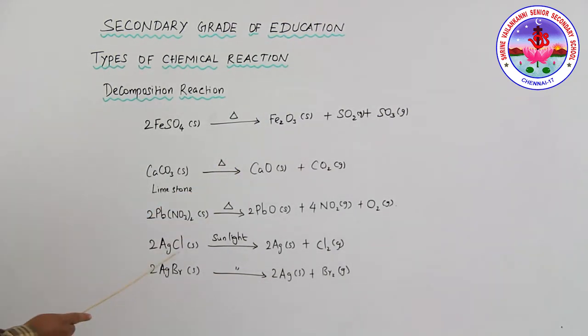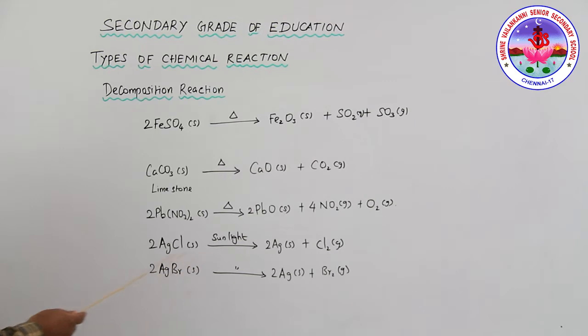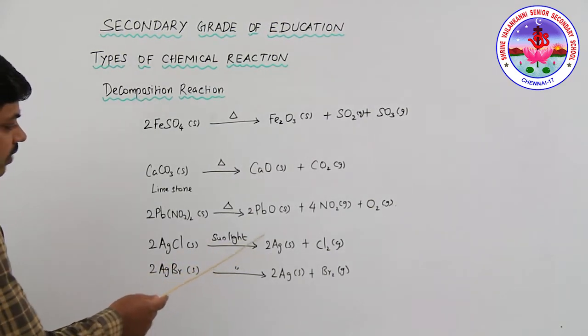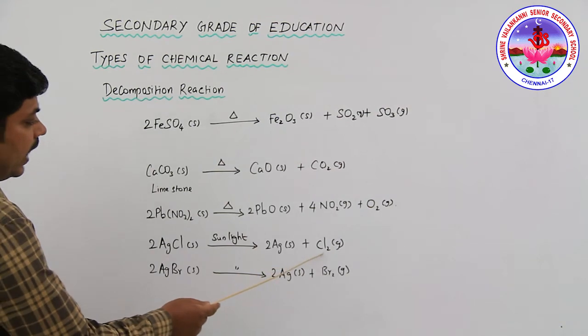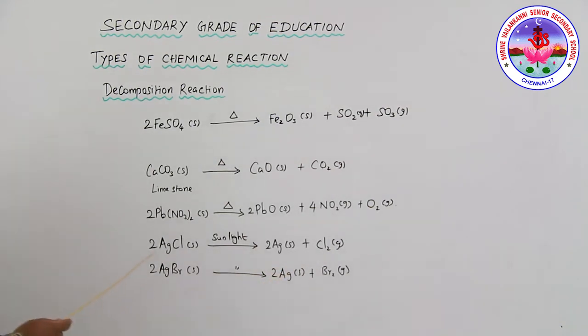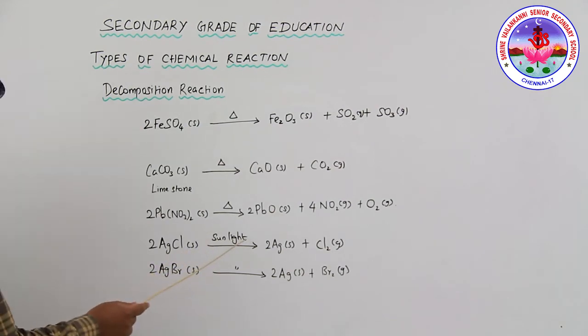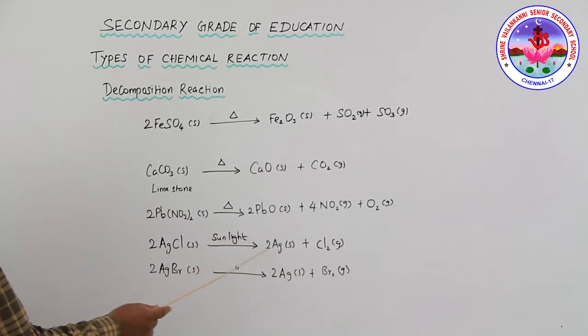Next, look at this silver chloride and the silver bromide. In the presence of sunlight, the silver chloride decomposes and converts to silver and chlorine.